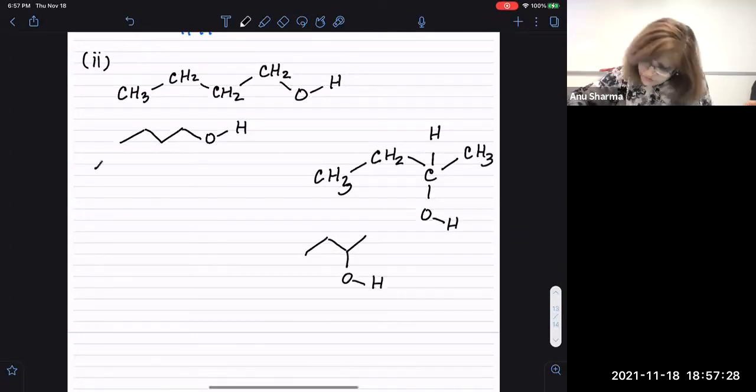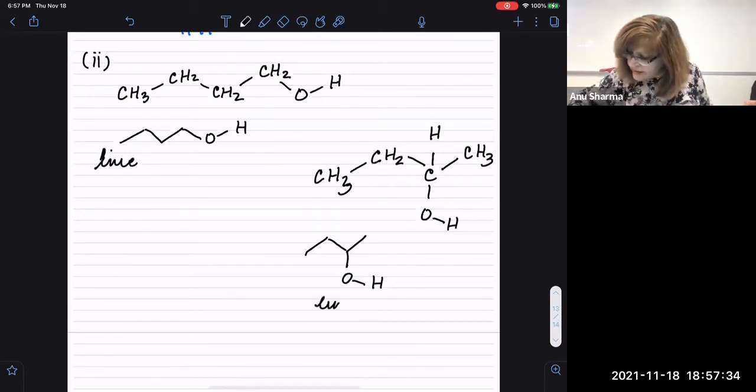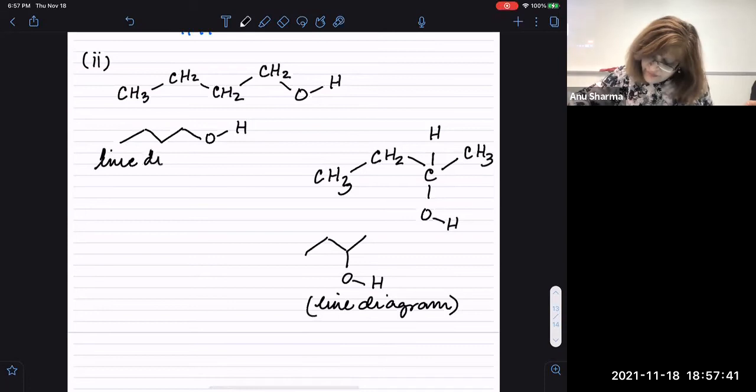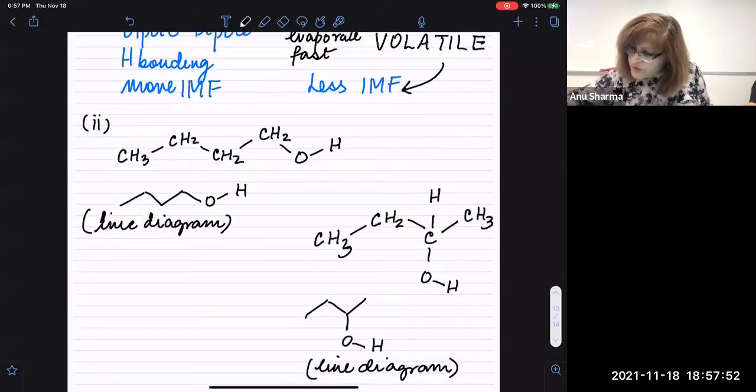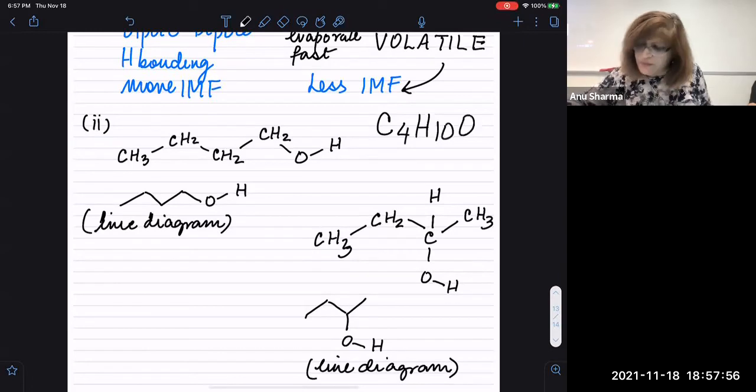This is a line diagram. That's organic chemistry. You don't need to get this, but just to give you an idea, it's a line diagram. So the question is, which one will have a higher boiling point? Both have the molecular formula C4H10O, the same number of carbon, hydrogen, and oxygen atoms.